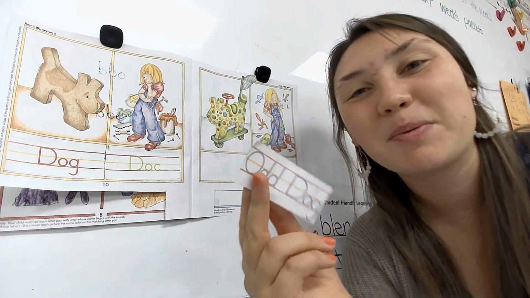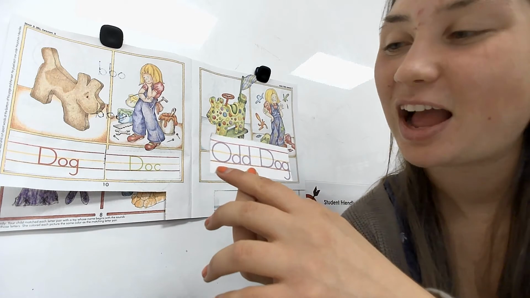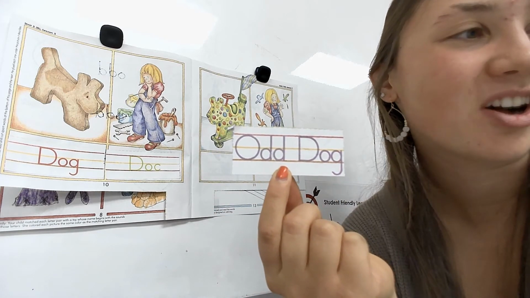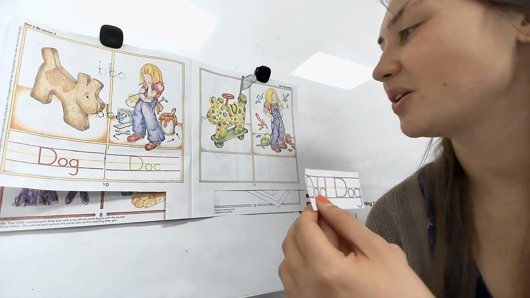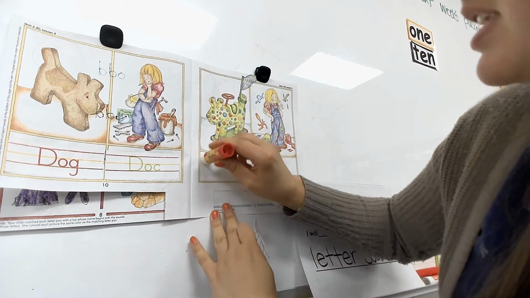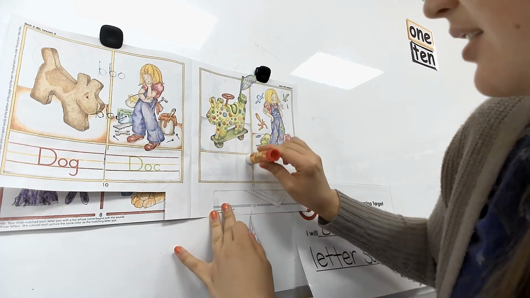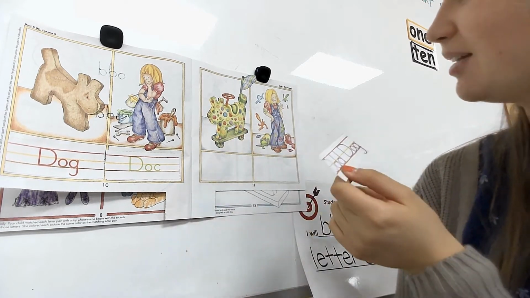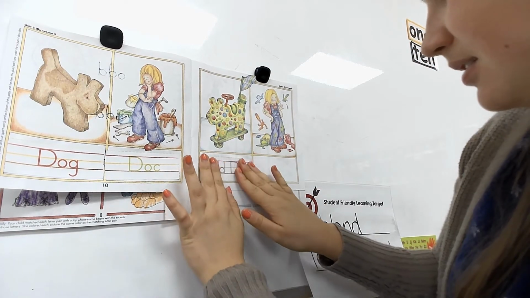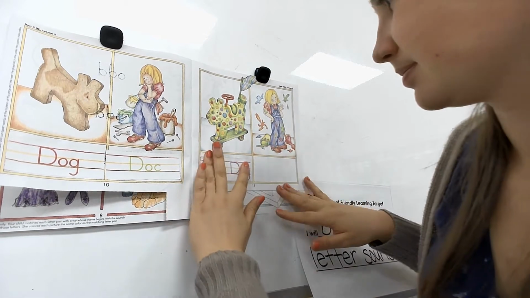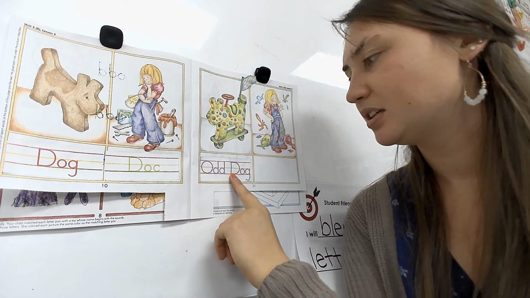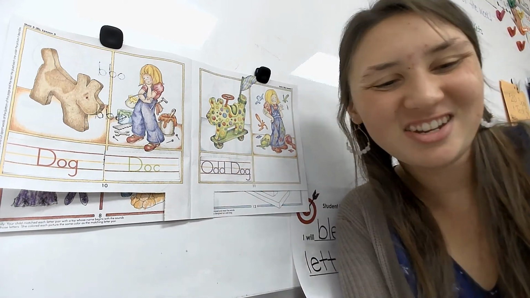Did you pick out the purple ones? I hope so, because the purple one says odd dog. So glue on odd dog beneath the odd dog. She made him look really silly with all those polka dots and green and a flag on his tail. Oh my. So glue on odd dog beneath the odd dog.